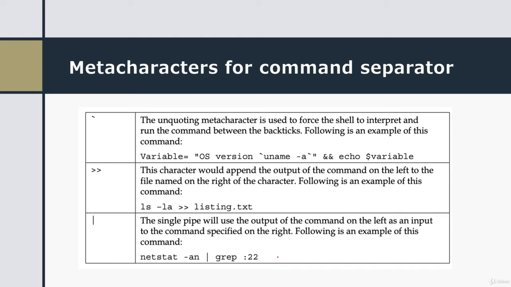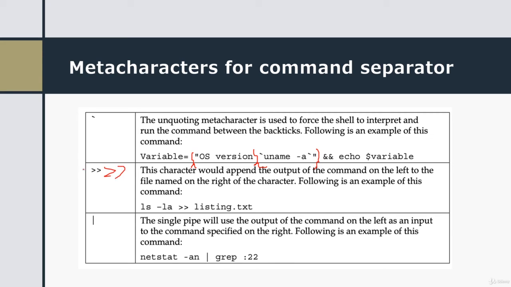Suppose this is a string, it will just force the shell to interpret and run the commands between the backticks. This is basically a string because it has double quotes, but this will force it to run this particular command.